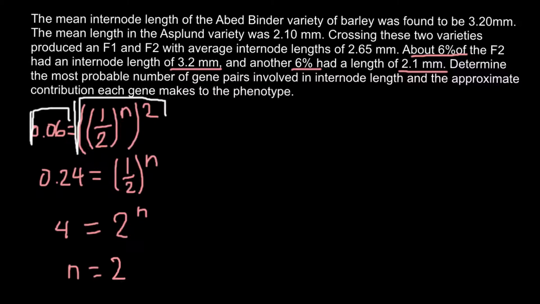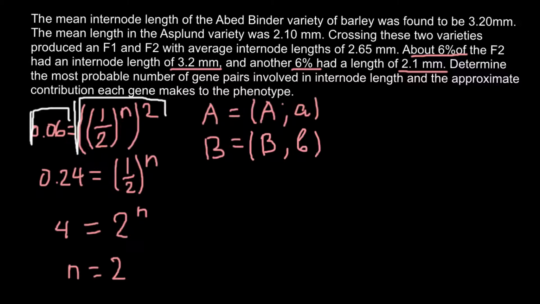So the trait is under the control of two genes, and each gene has two alleles. For example, here we have gene A, and gene A has two variants of the alleles, dominant A and recessive a. And we also have gene B that also has two variants, dominant allele B and recessive allele b.